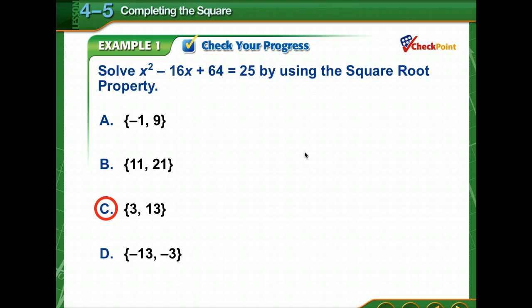Okay, answer is C. So this one factors into x minus 8 squared, the quantity squared, is equal to plus or minus the square root of 25. So x minus 8 is equal to plus or minus 5. When we set x is equal to 8 plus 5 and x is equal to 8 minus 5, we get 3 and 13.